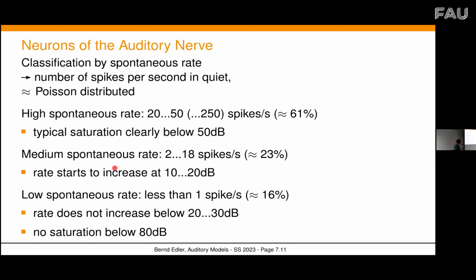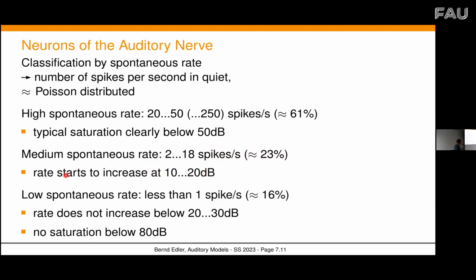Then there are other types of neurons which are called medium spontaneous rate. This is a bit lower. And I think this is not a real classification, the approximate ranges are given here just to show that this can vary quite strongly. About 23% of the neurons in the auditory nerve are of the medium spontaneous rate, and they generate not so many spikes in quiet.